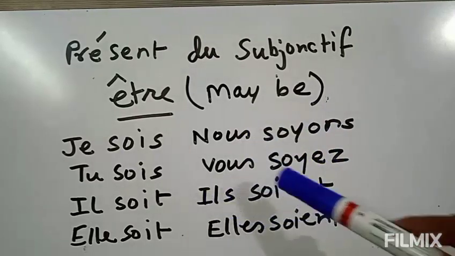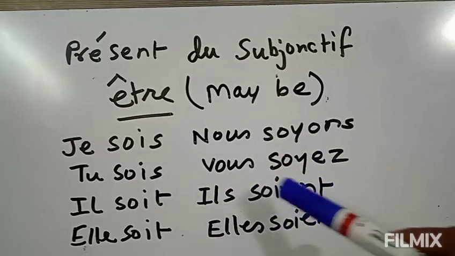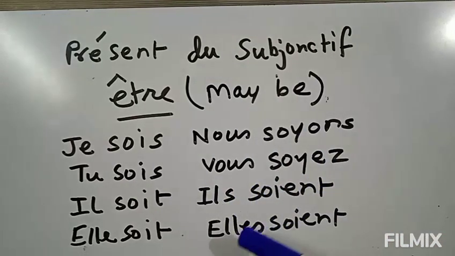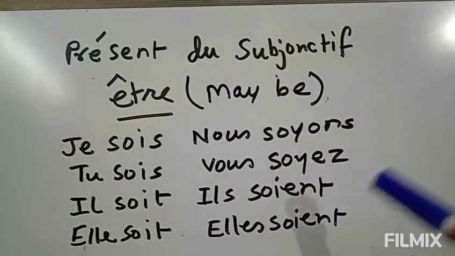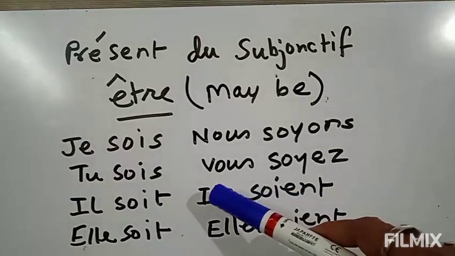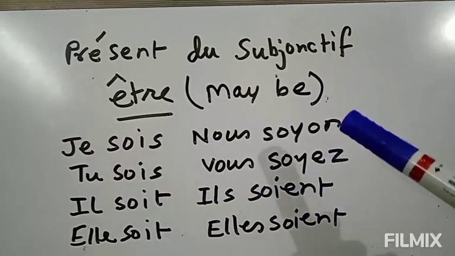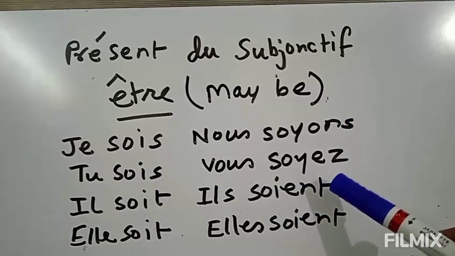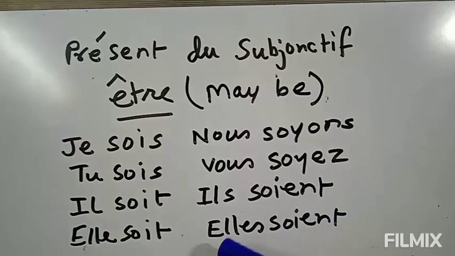Ils soient, S-O-I-E-N-T, they may be, elles soient, they may be. Masculine, feminine. But in a gathering, if male and female are both there, the first, ils, will be used. The first is used for masculine only, and for male and female both. And the second one, E-L-L-E-S, is a plural only for female. Keep it in mind.